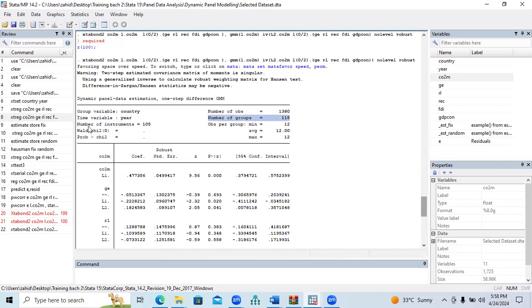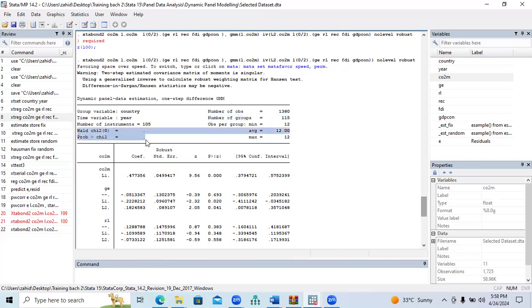So always remember that number of instruments should be less than number of observations. And if the number of instruments is less than number of groups, it is also favorable for you as an estimation part.